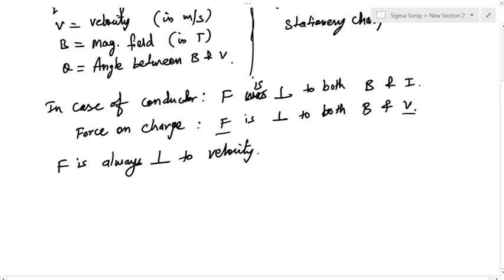Now in the case of a conductor, the direction of B and I was fixed, because whatever was the direction of the current initially, that remained. But in the case of a charge here, as the charge is moving, there is a force always acting perpendicular to velocity, which means that the velocity would change.